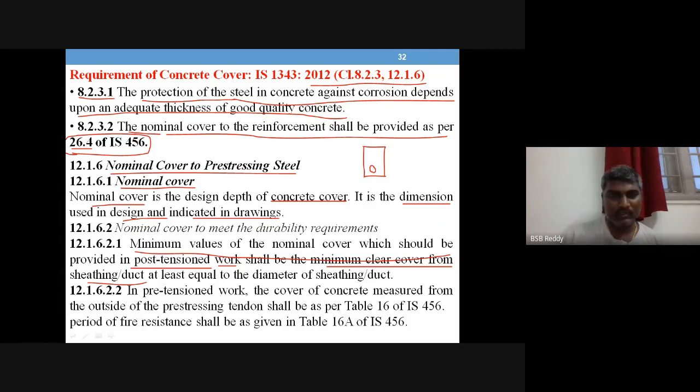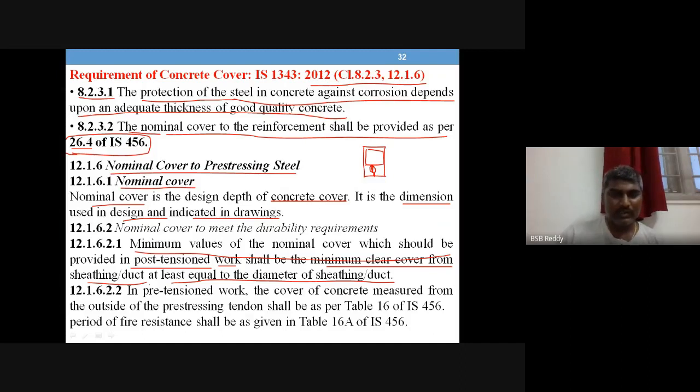Okay, so the clear cover, meaning the concrete that is available till this location, shall be at least equal to the diameter of the duct. So whatever diameter of duct you have provided, that much shall be given as a clear cover. Okay, so this is the minimum requirement.